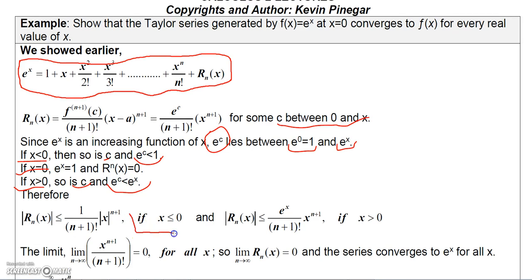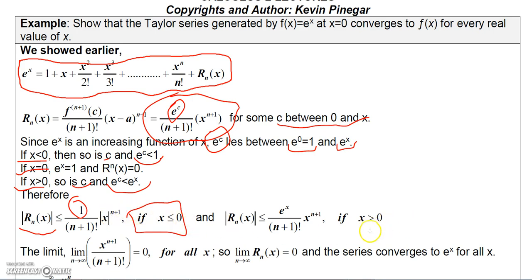So if x is less than or equal to 0, then we go up here to this remainder term, and we know that e to the c would have to be less than or equal to 1. So therefore, I can just replace e to the c with 1 here, and therefore the remainder term must be less than or equal to 1 over n plus 1 factorial times the absolute value of x to the n plus 1.